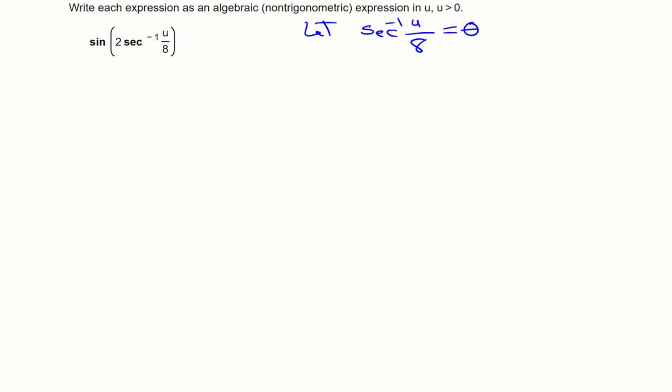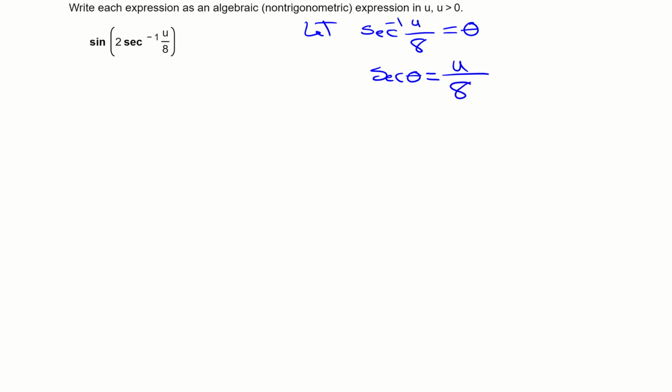So we're going to basically try to find an expression from the given information. We know that if the inverse secant of u over 8 is theta, that means the secant of theta must be u over 8.